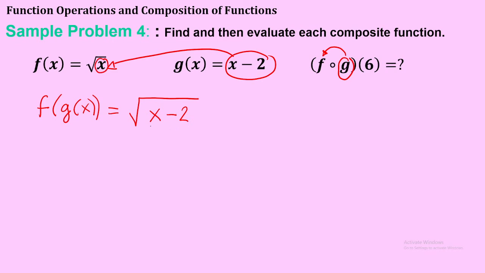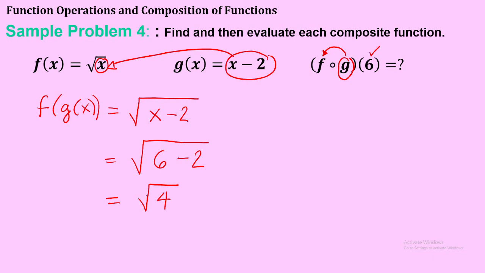And then, is there anything to combine here, class? Is there anything to combine in x minus 2? If there is nothing to combine, that is our answer for the composition. But take note, we have a value for x, so I will substitute my value here. So the 6 is substituted for x. So it becomes the square root of 6 minus 2, which will give me the square root of 4.